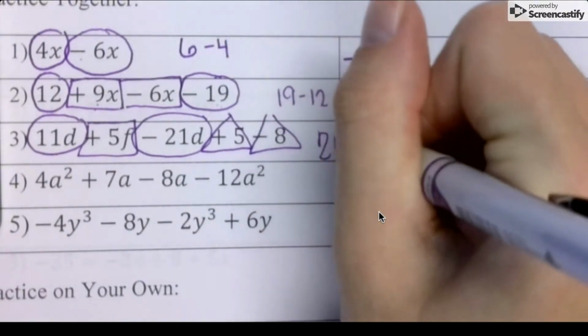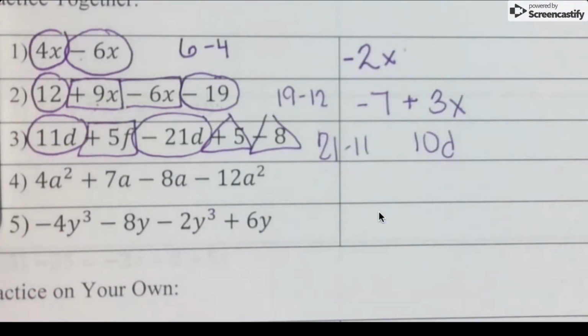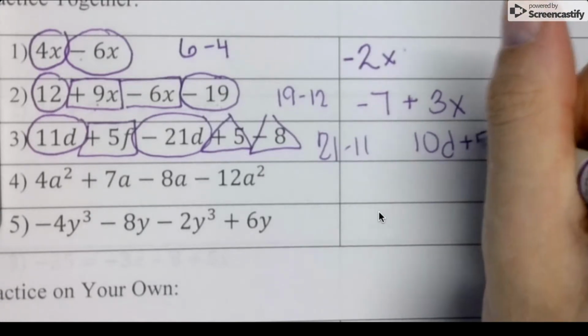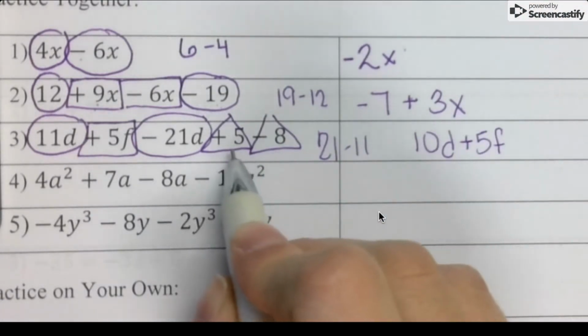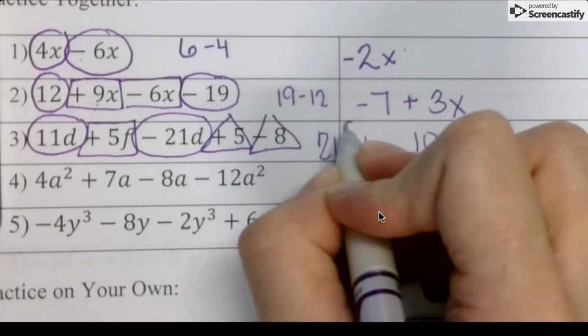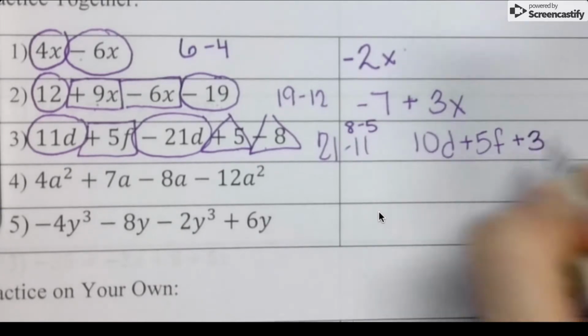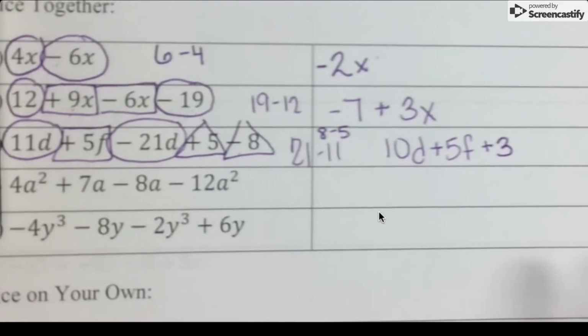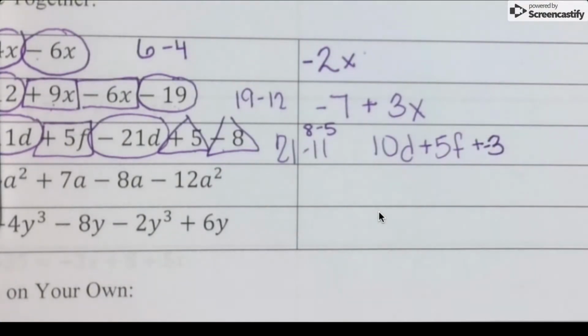So 21 minus 11, that's 10 drinks, plus 5 fries because I can't combine the fries with anything. And then I have positive 5 and minus 8. So I'm going to do 8 minus 5, which is, in fact, 3. And is 8 farther from 0 or 5? 8. So this is going to be plus and negative 3. Okay? And again, whether it's plus and negative or just minus, they mean the same thing.